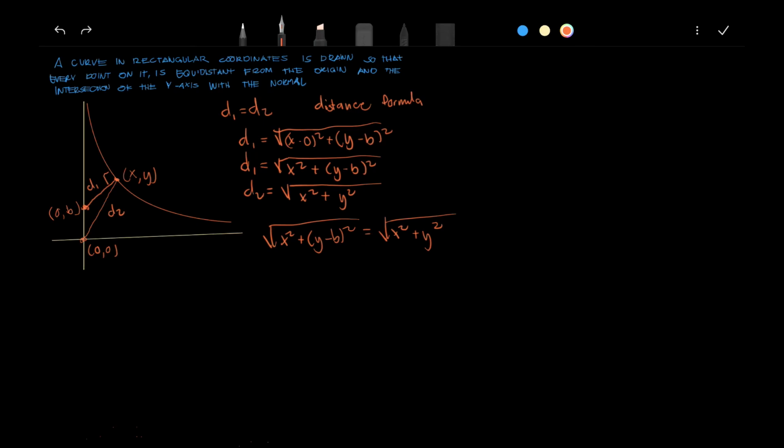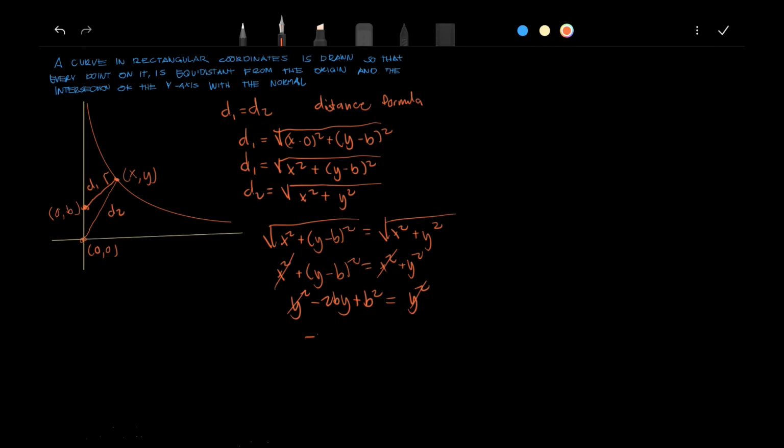Square both sides, so we can eliminate the square root, and then let's cancel that, and then simplify this term. We have y squared minus 2by plus b squared is equal to y squared, and we can eliminate this again.